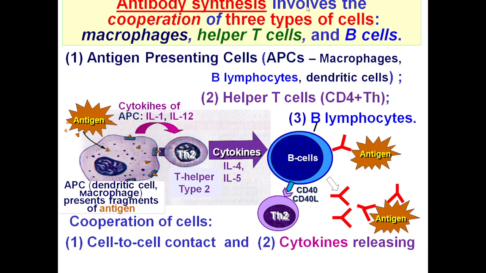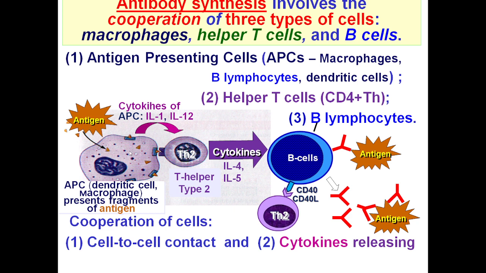So, antibody synthesis, this is a result of the humoral acquired immune response, involves interaction of at least 3 types of cells: antigen presenting cell, helper T cell, and B lymphocyte. Antigen presenting cell engulfs microbe.